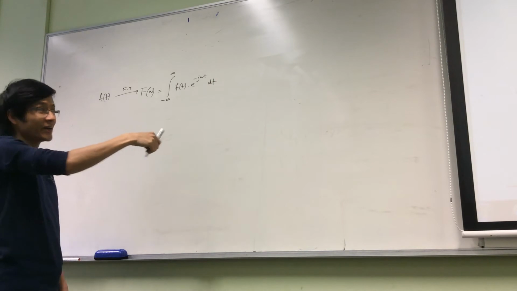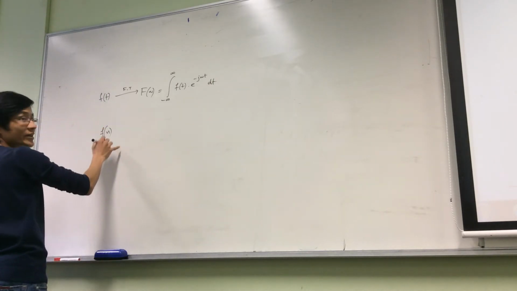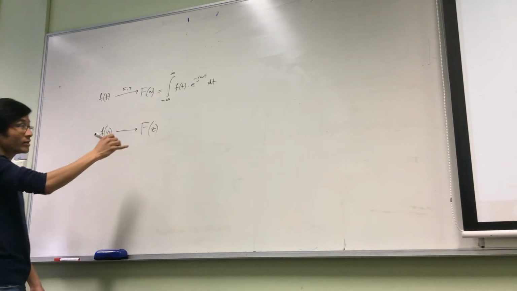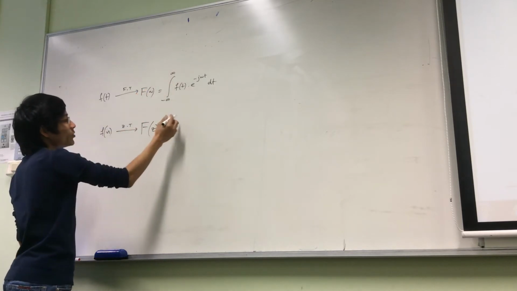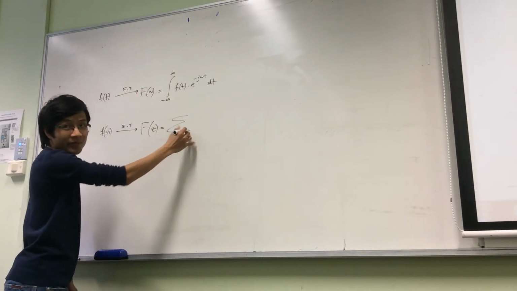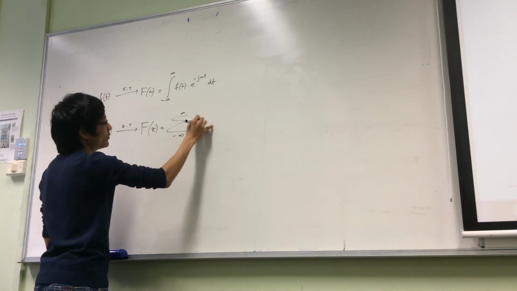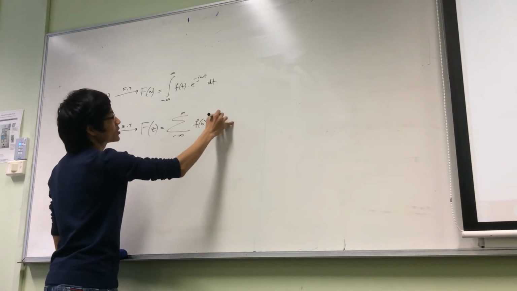Similarly, the Z transform goes from f(n) to F(z). The Z transform equals the sum from minus infinity to infinity, because it is now discrete, of f(n) times z to the minus n.